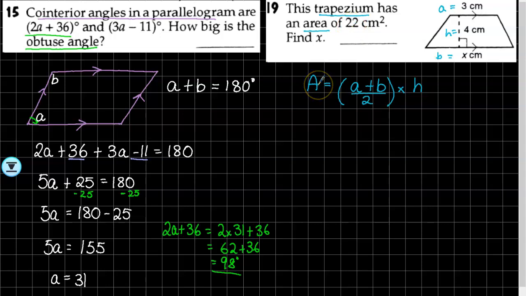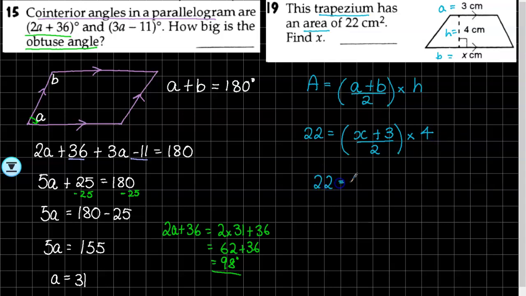So area is 22. Bracket, we've got A plus B, so I'm writing x plus 3. You could have said 3 plus x, it doesn't matter. All over 2. And it says times the height, which is 4.